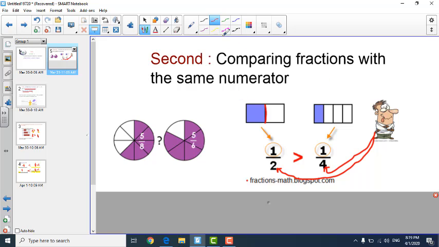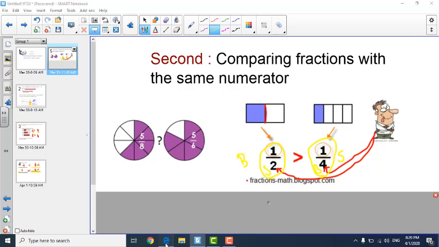Here 4 is a big number and 2 is a small number, but because of the crazy man in the denominator, the whole fraction here is bigger than the whole fraction here. So 1/4 is smaller than 1/2.